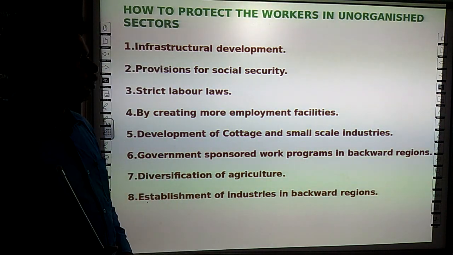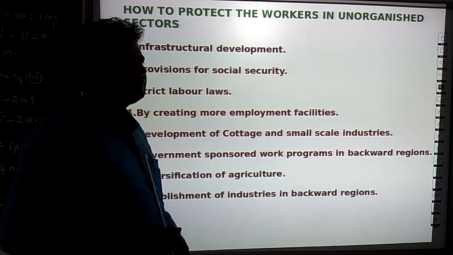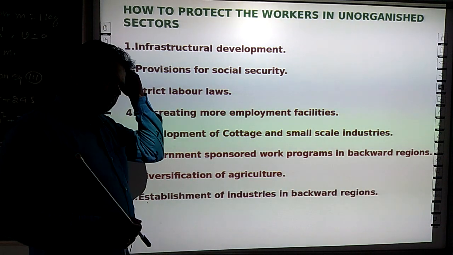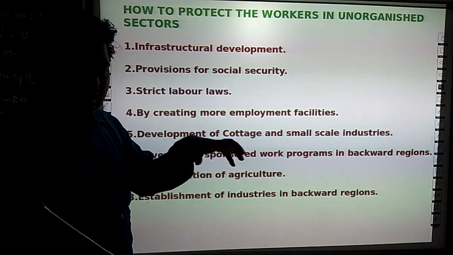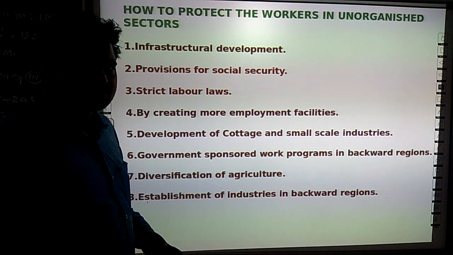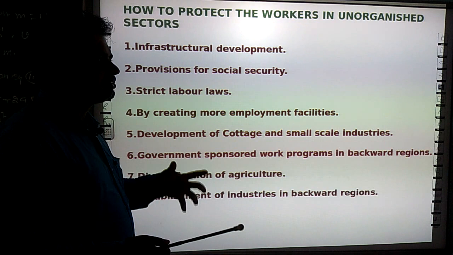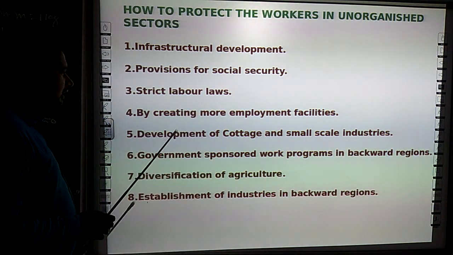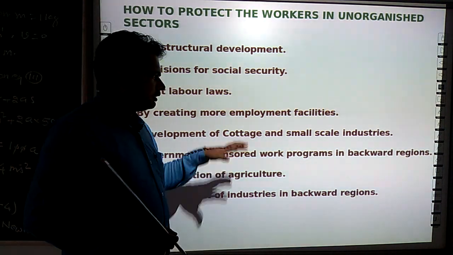Next, by creating more employment facilities. Certainly, if we have more employment facilities, then persons involved in the unorganized sector have a lot of options. That's why they have a chance of escaping from exploitation. Next, development of cottage and small scale industries.